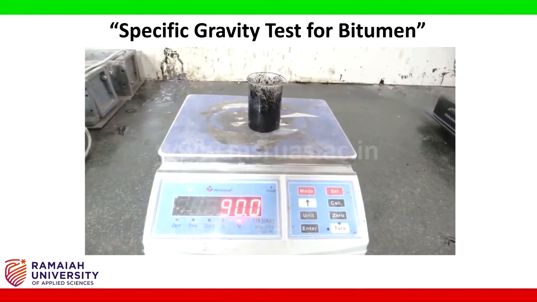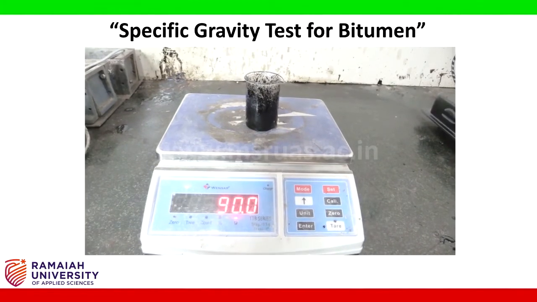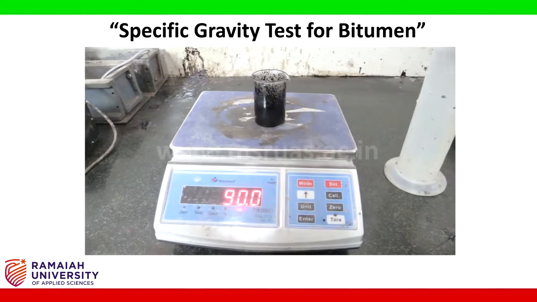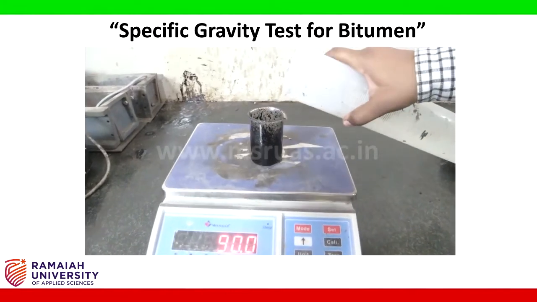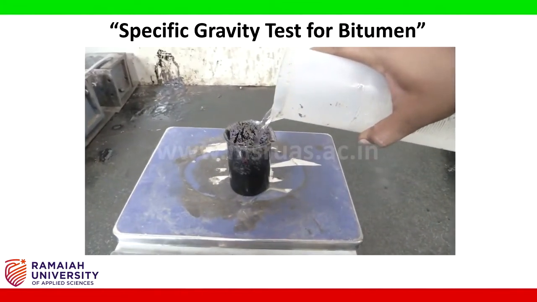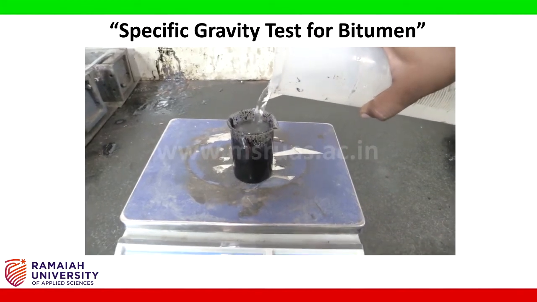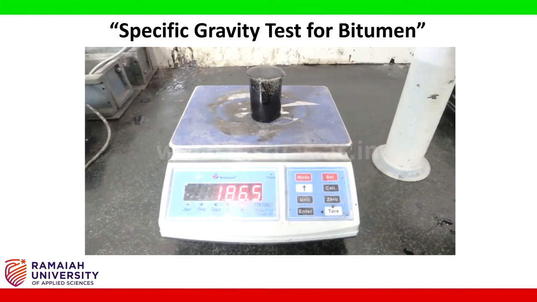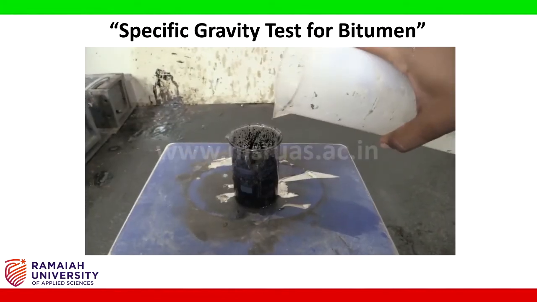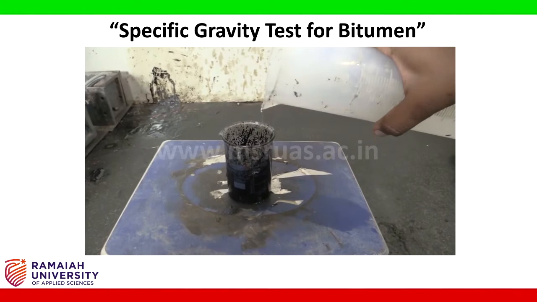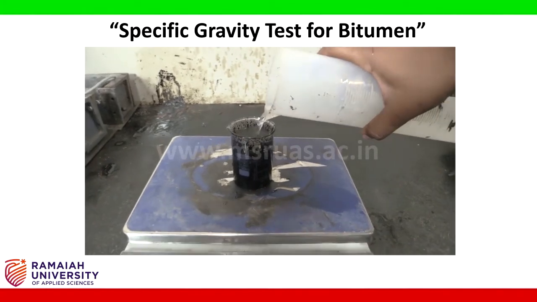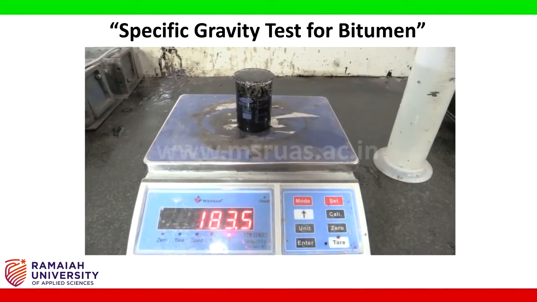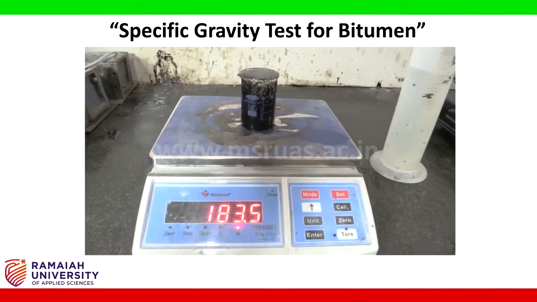Note it down as C. Fill the remaining portion of the beaker with distilled water. Note down the weight as D grams.